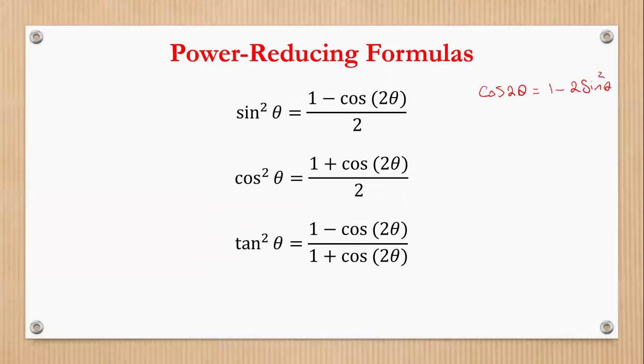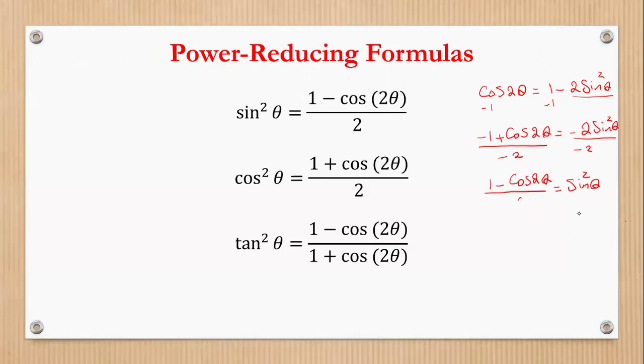Now, if you isolate the sine squared by subtracting 1 from both sides, and then dividing by -2, you will see that the sine squared is 1 minus cosine of 2t, because we have a negative for the denominator, divided by 2, which is exactly this one.